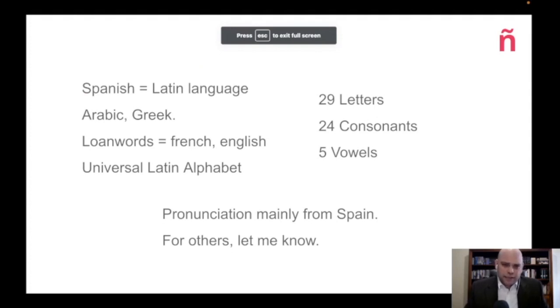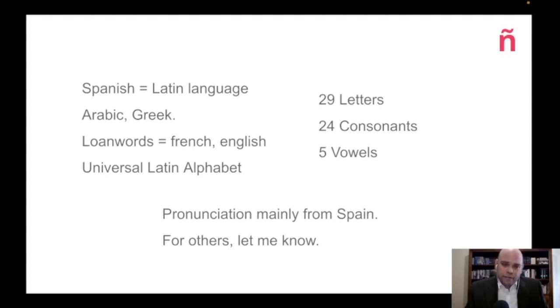you know that Spanish is a Latin language, although it also has words from many other languages, mainly from Arabic and Greek. They took words from Arabic, as you know, because Arabic people were here in Spain for a long time.